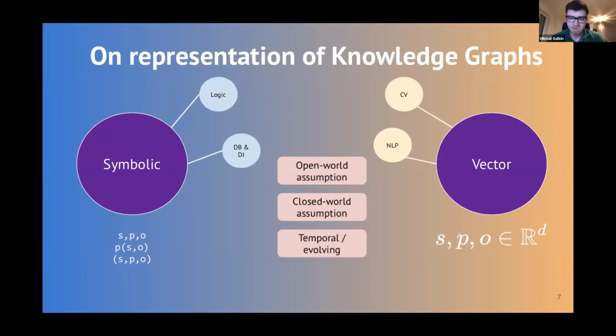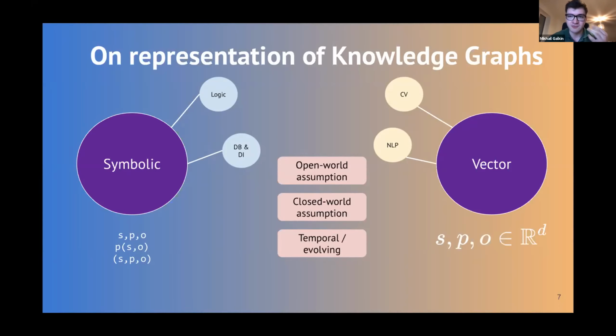Symbolic representation is often used in logic when we try to build logical inference systems. It's also pretty heavily used in databases and data integration systems. Whereas vector representation is the way to go when you work with computer vision or NLP applications.